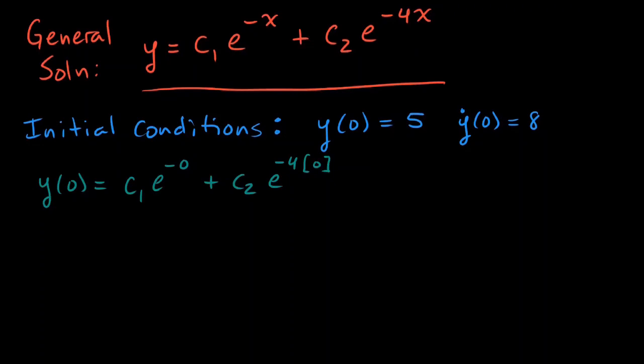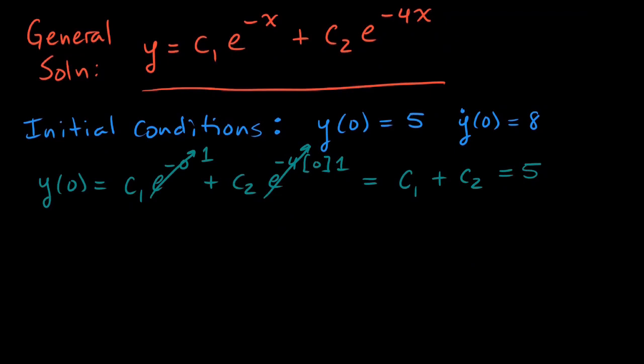I'll write it so it doesn't look like a 40. Now I know that e to the 0 power is 1, so this becomes a 1, and so does this. So this just evaluates to C1 plus C2 equals 5.